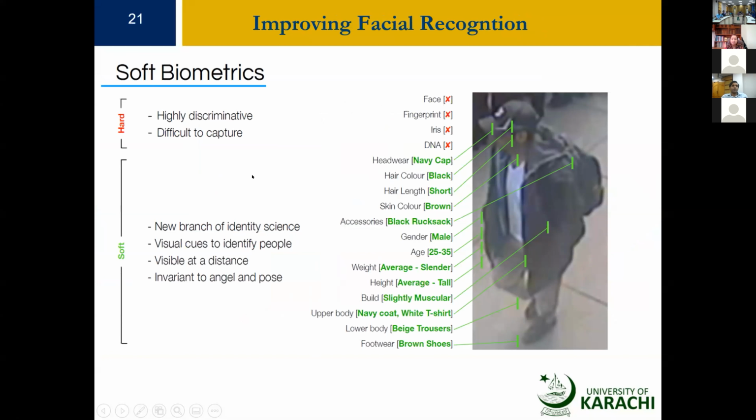Soft biometrics is another branch of identity science which uses visual cues to identify people, and it is mainly for distant cameras. The most important part is that it is invariant to angle and pose. Whatever pose you have, it is not necessarily the front face, which is the controlled environment feature.